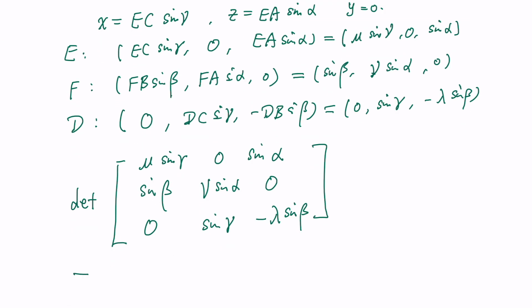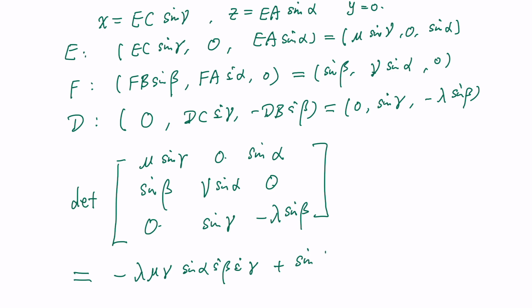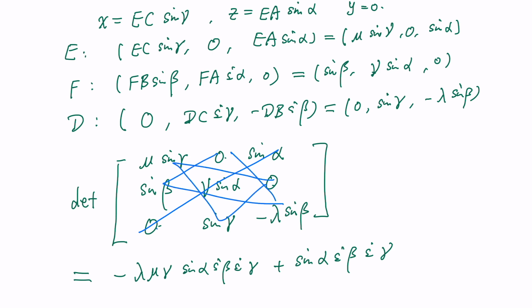The positive term would be negative lambda mu nu sine alpha sine beta sine gamma. That's the first positive term. The other one, 0 0 0 is 0, but the other way around will be plus sine alpha sine beta sine gamma. And the nice part is the other 3 negative terms are all 0, because no matter what you do, you will encounter a 0.